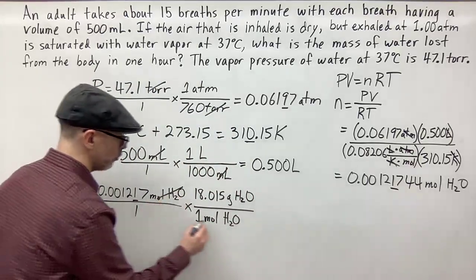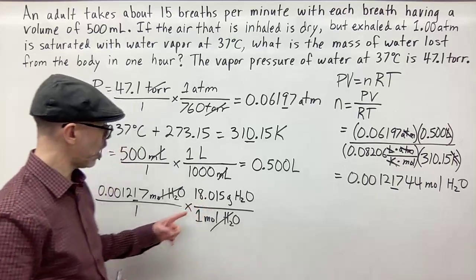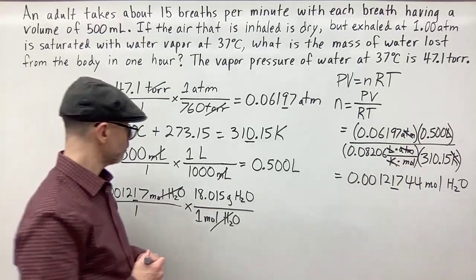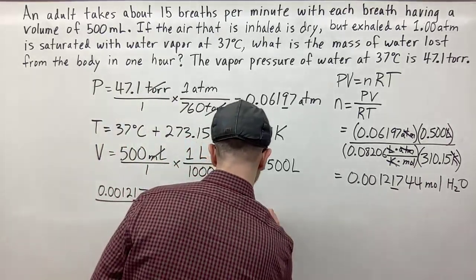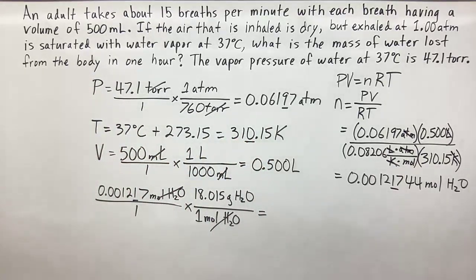So now moles of water cancel out. And now I have grams of water per 1 breath, right? So let's go ahead and calculate that. And so when I calculate the number of grams, that's going to be 0.021932.